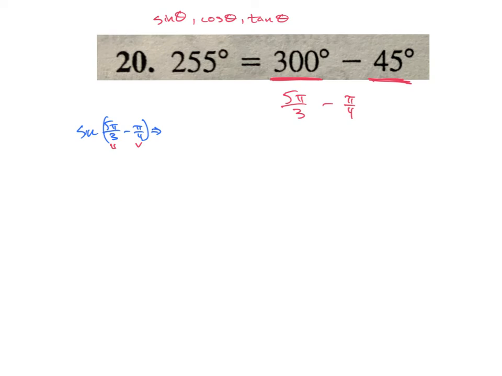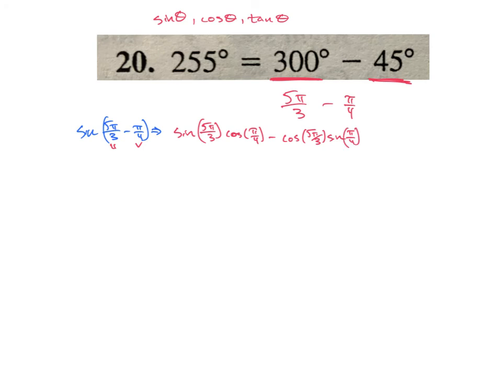So I'd have sine of 5 pi over 3, and then cosine of pi over 4, and then minus cosine of 5 pi over 3, and then sine of pi over 4.